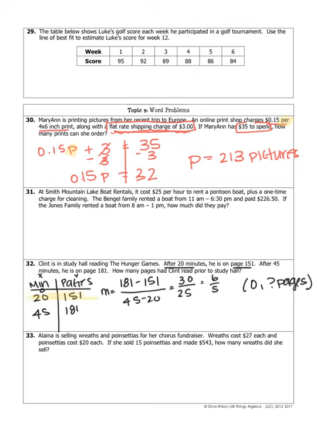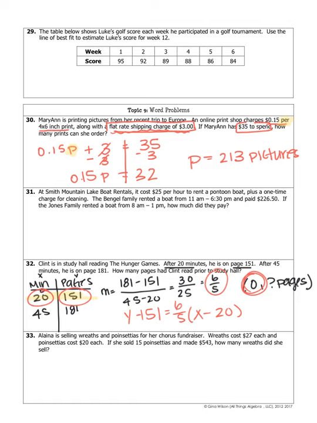So we're going to use point slope for it. So y minus my y1, which is 151, equals my slope, which we just found was 6/5, times x minus x1, which is 20. And again, I'm trying to figure out what y is when x is 0.